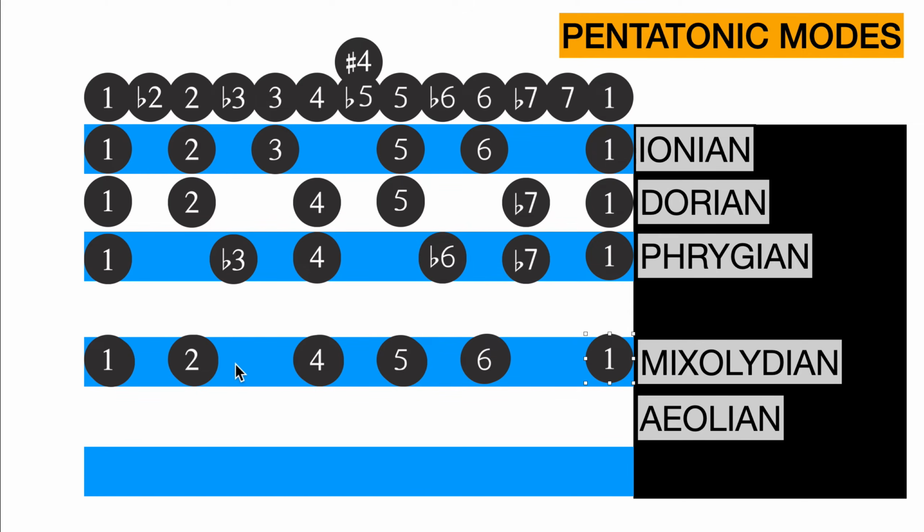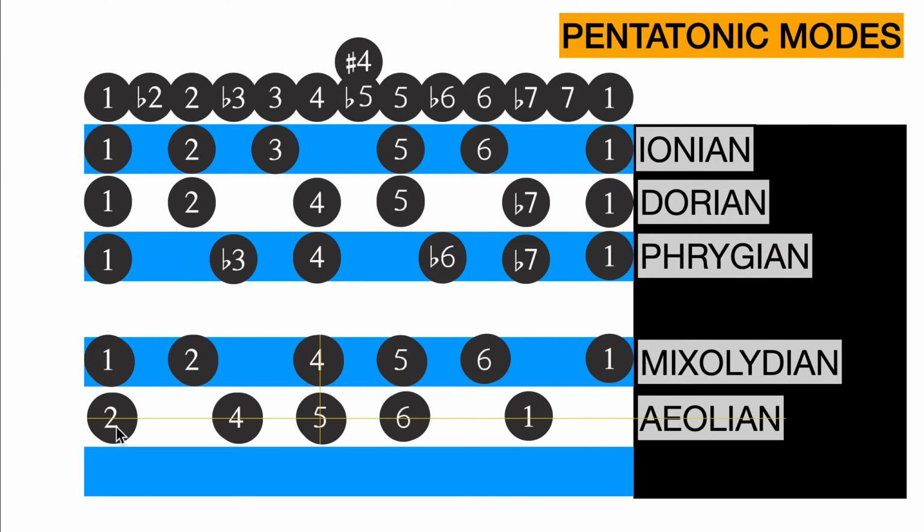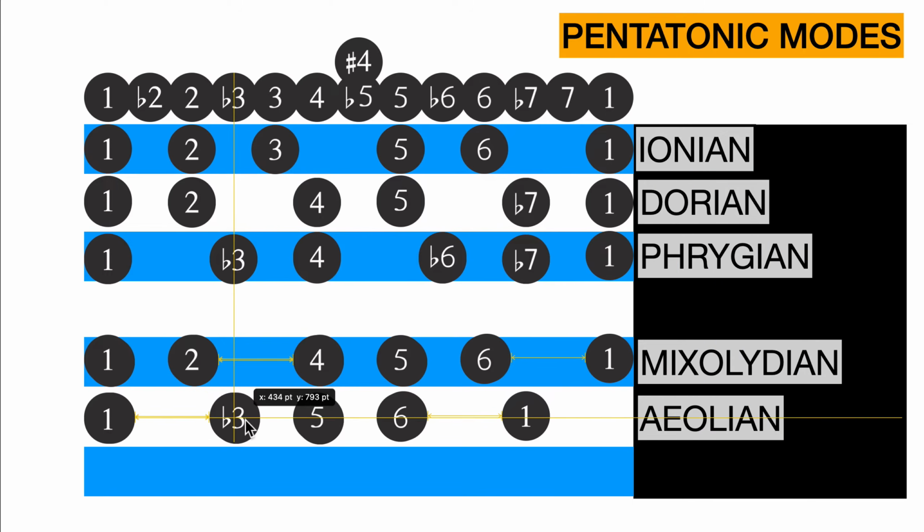You see the Mixolydian is very close to the major: 1, 2, 3, 5, 6 versus 1, 2, 4, 5, 6. And finally, the Aeolian mode, also known as the minor pentatonic scale: 1, flatted 3, 4, 5, flatted 7, and back to the 1.